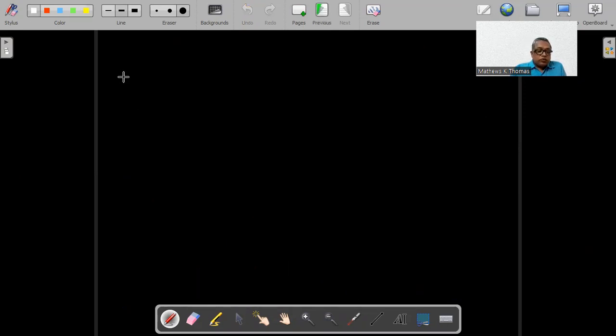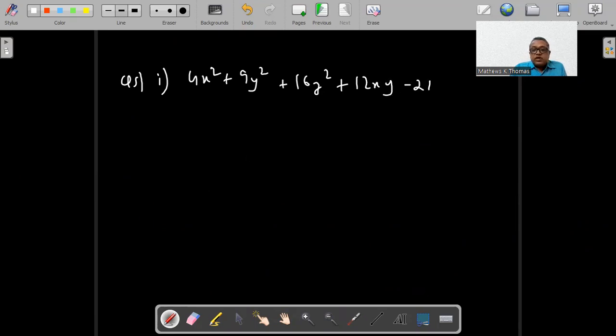So question number 5, the first part was 4x square plus 9y square plus 16z square plus 12xy minus 24yz and minus 16xz. This was the question. So what you need to understand here is that there are two negative terms. So just concentrate on these negative terms, minus 24yz and minus 16xz.